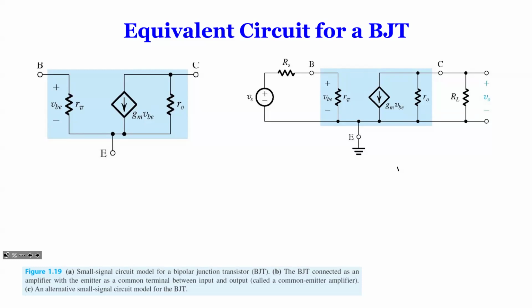Well, it takes the input, and it will have some voltage drop at its input resistance. This R pi is the input resistance, and it amplifies that voltage into a controlled current source through a transconductance GM. And then that current also connects to the output resistance. Well, this actually is not the output resistance. Oh, yeah, it is, because RO is in parallel with the current source. So this is the output resistance, and then it gives you output at the output terminal.